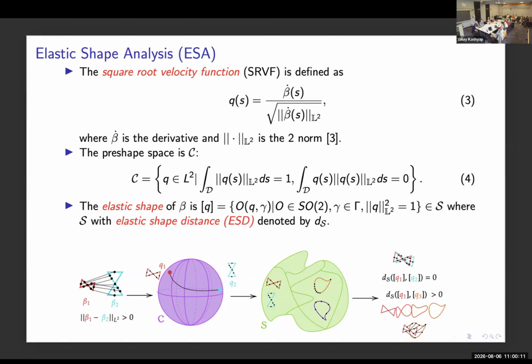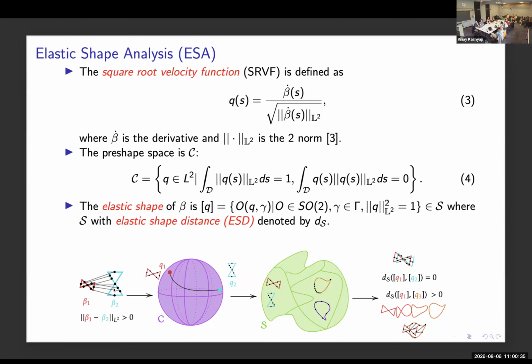And that's because the elastic metric, if I have two shapes, is going to give me a zero distance for common reparameterizations. And so that's why we're getting into differential geometry essentially. And so the square root velocity function is what's going to help me compute things easier. So that's why people do this transformation.